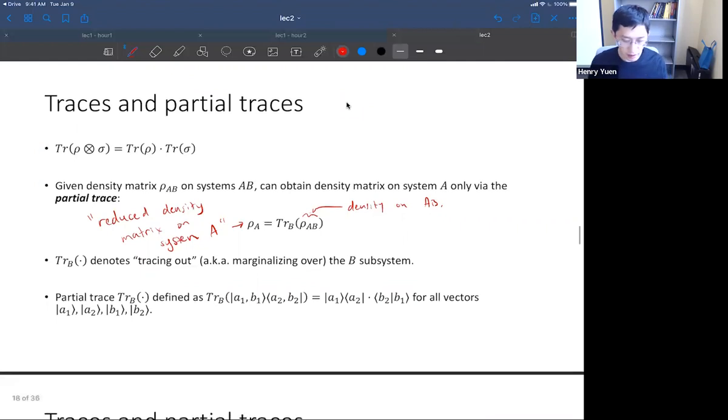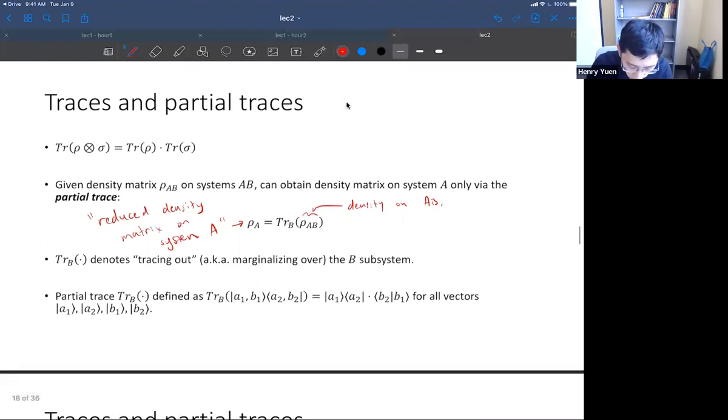Mathematically, how do you define this partial trace? You can define it by linearity, so we'll define it on outer products of this form. Let me be more precise.